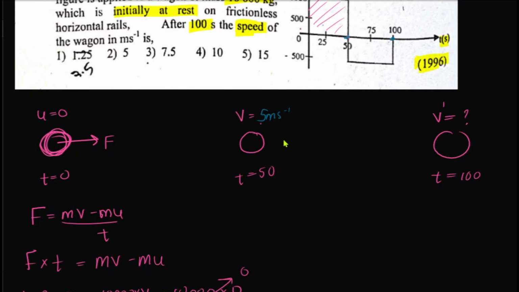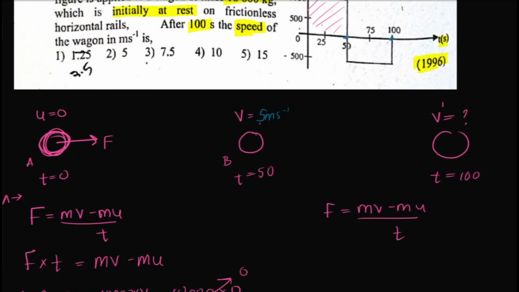So for this, from t equals 50 to t equals 100, the momentum change, I'm going to apply F t equals mv minus mu. Let's assume this is a, b. So I applied the first one from a to b, and this I applied from b to c.